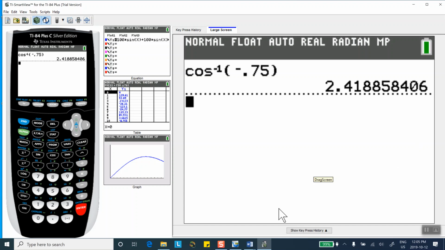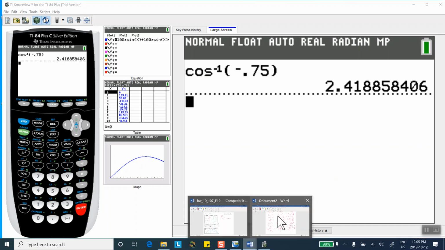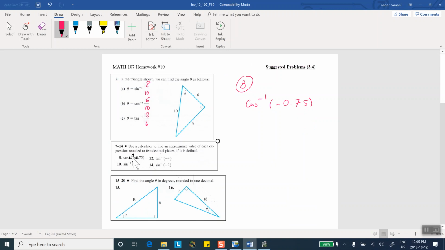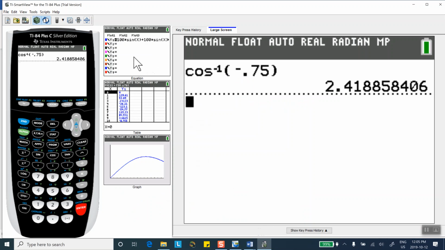Okay, let's look at the second problem. Number 10, it says sine inverse of, I think it says 1/3. Sine inverse of 1/3. So let's get this. Second function, sine inverse 1 divided by 3.